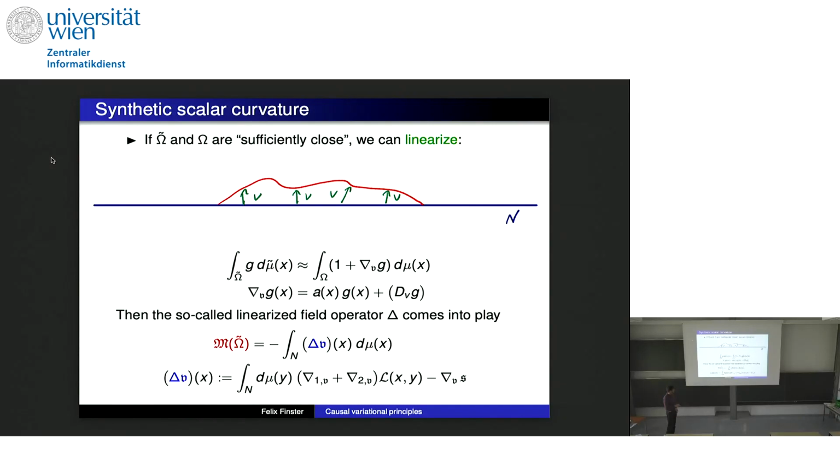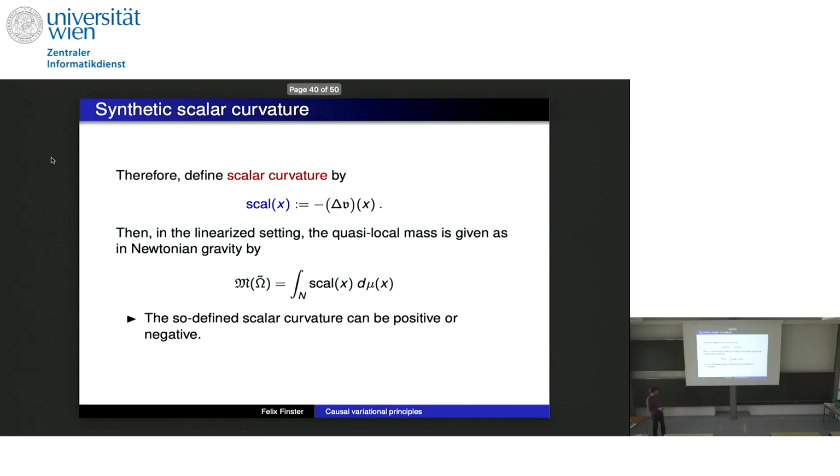And then the mass can be written as minus the integral of this Laplacian V. Therefore, it is natural to say, well, I simply define scalar curvature as minus this Laplacian, and then I get this usual Newtonian formula. The mass is just the integral over the energy density.